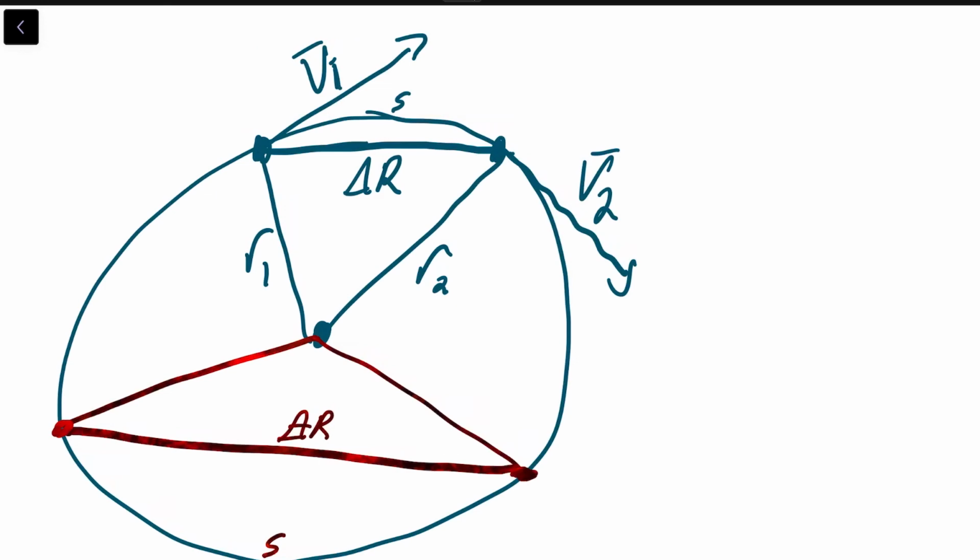However, if I were to do the same object at 2 different points, but make those 2 points very close to each other, now all of a sudden that change in R is getting closer and closer to that arc length.